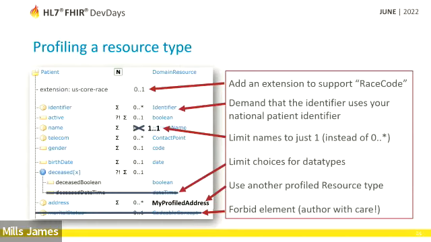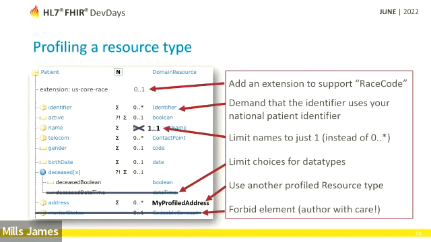And then you can also point to specific profiles that you created. For example, if you made a profile on the address data type and you want to point to your own custom address data type, you can replace the address data type by your own custom data type.